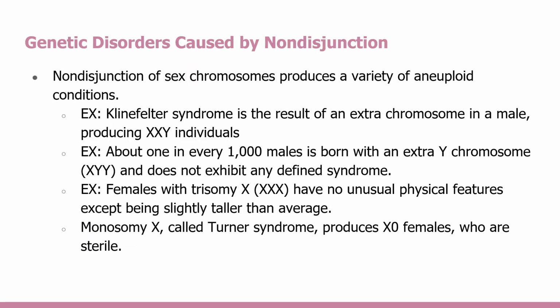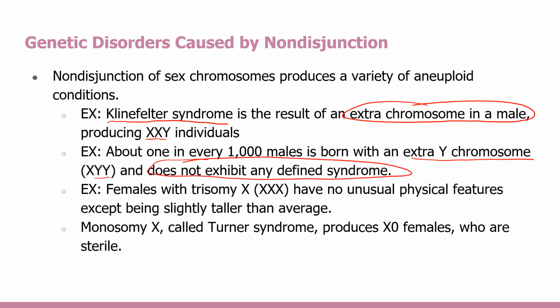Non-disjunction of sex chromosomes produces a variety of aneuploid conditions. The first one would be Klinefelter syndrome, which is a result of an extra chromosome in a male, so XXY. Another one would be males born with an extra Y chromosome, and it does not exhibit any defined syndrome.